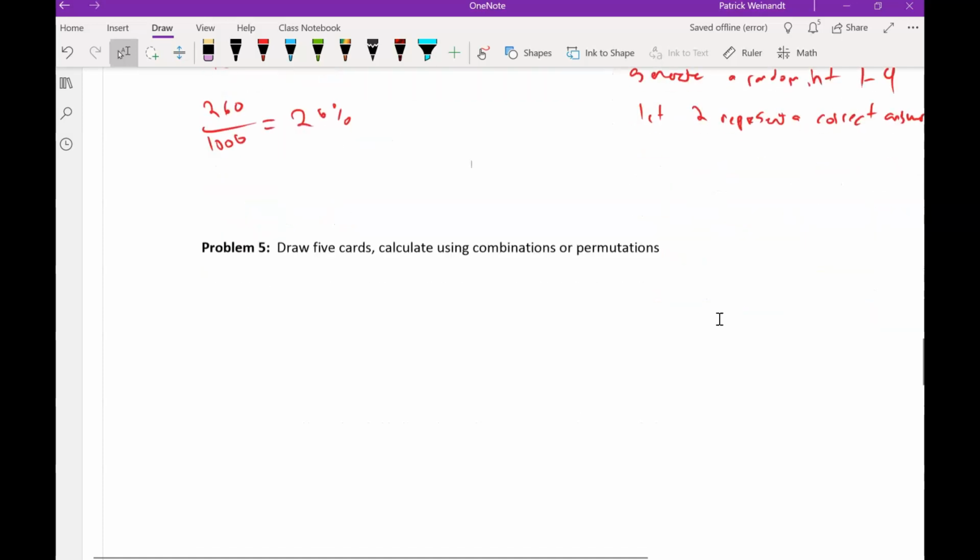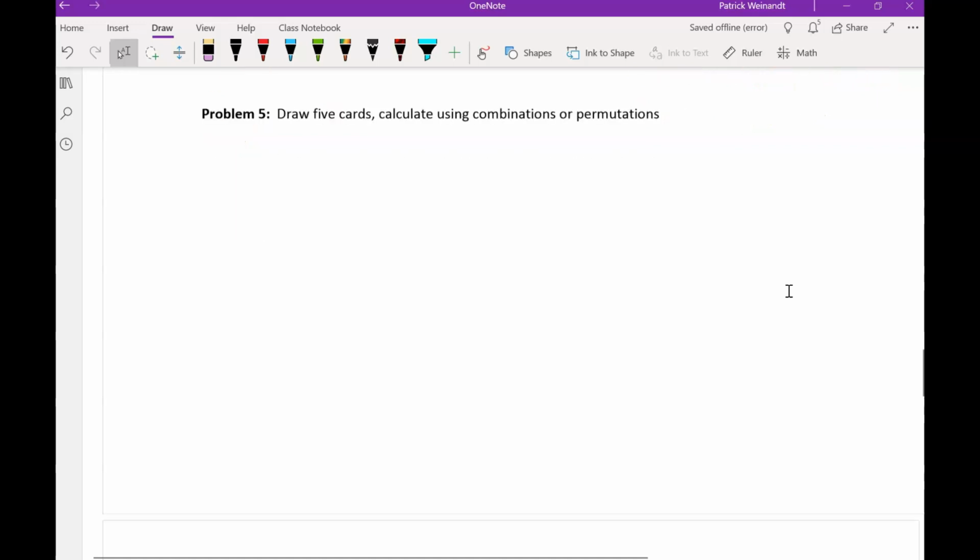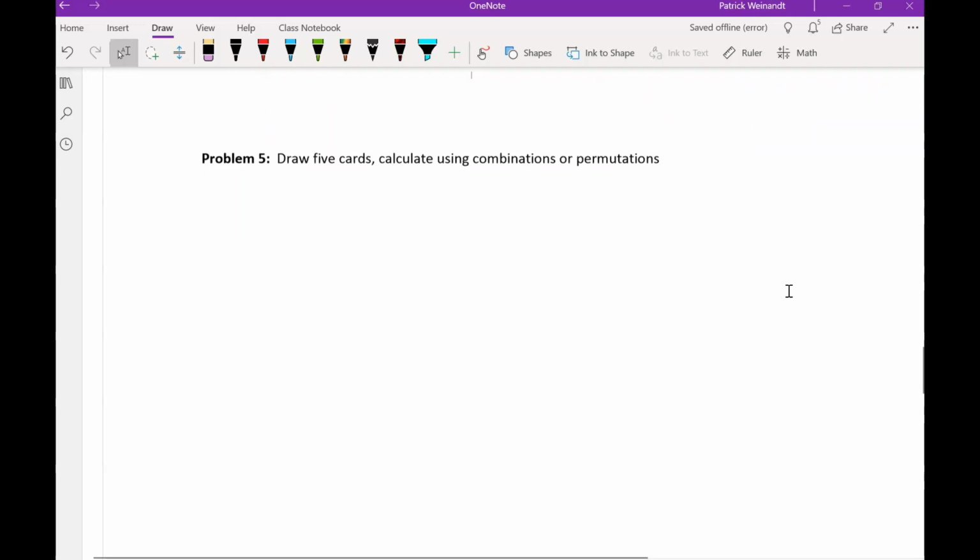Okay, so I was going to draw from a deck of cards, and then we want to calculate using combinations and permutations. We're going to bring those back into play. But before we do anything, I want to discuss combinations and permutations. What do those give us? They just give you the total number of outcomes, or the total number of ways that something can occur.